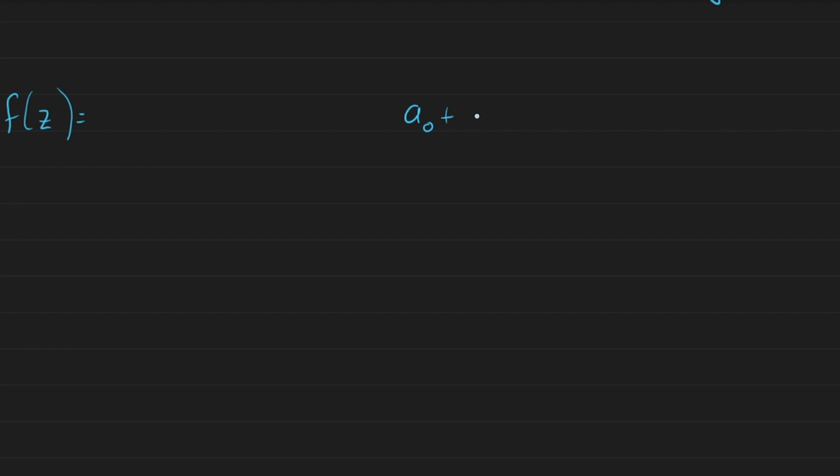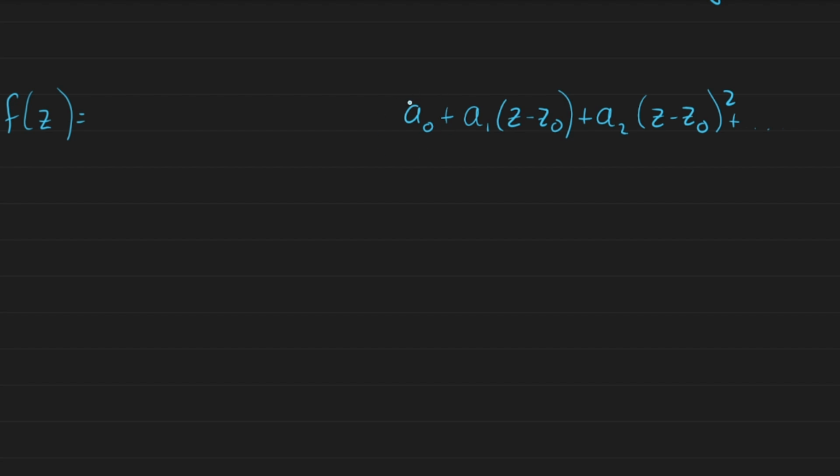Then we would have a1, that's another coefficient with n equal to 1, and we would have z minus z0, and we would have plus a2 into z minus z0 squared, and it would carry on in this manner.